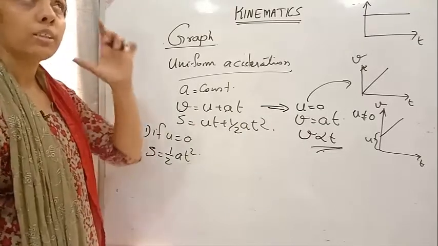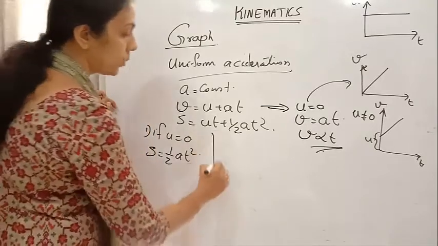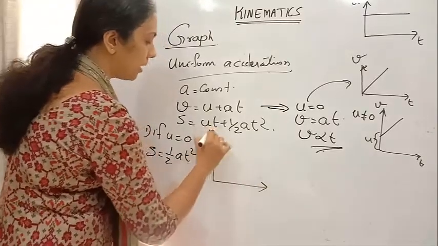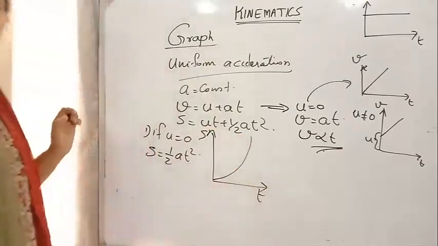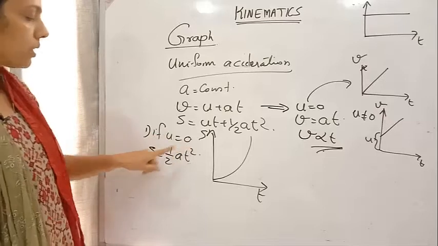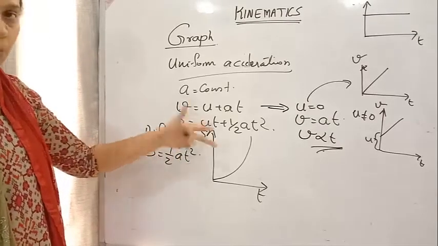So how will the shape of the graph be? It will be like a parabola. So the displacement time graph will be a parabola. If u equals 0, then s is equal to half at square only, and the t term won't be there.